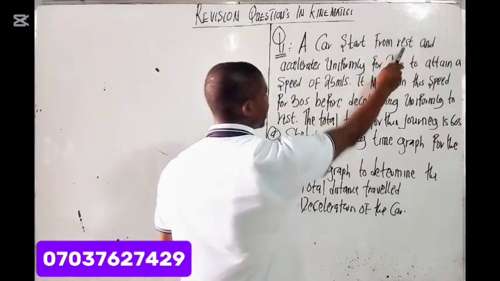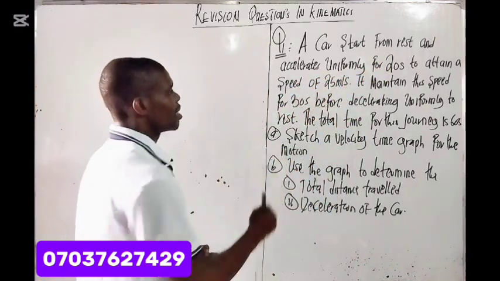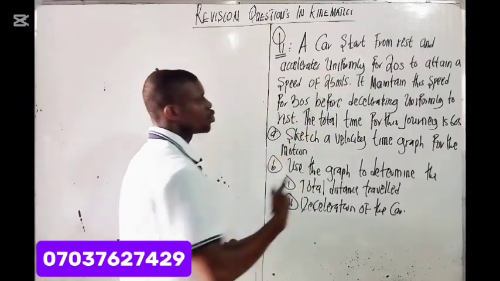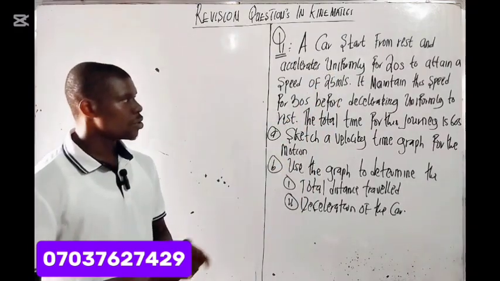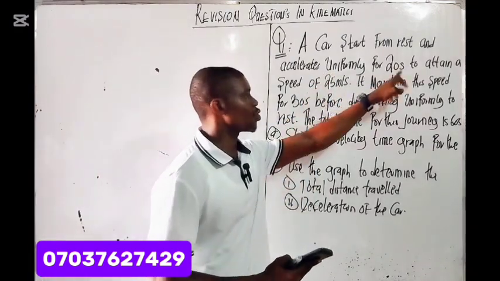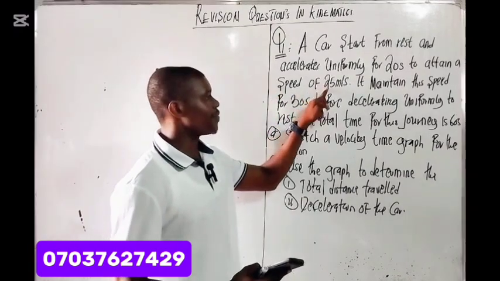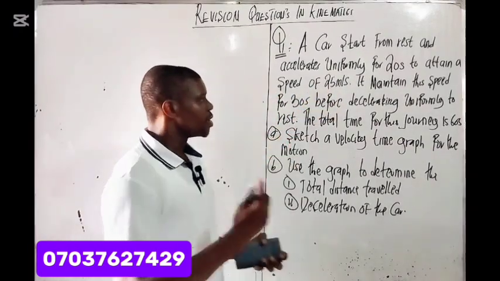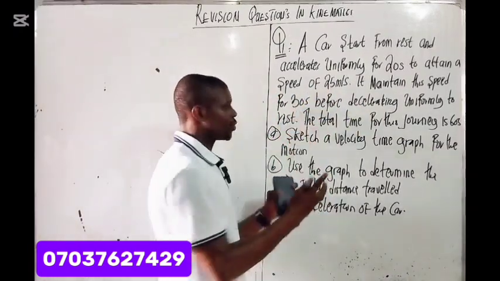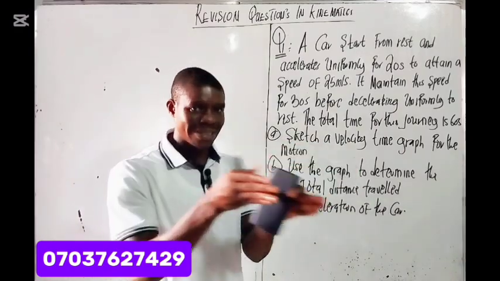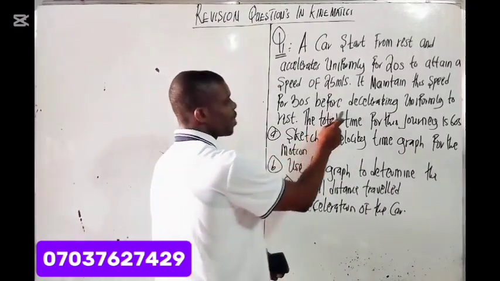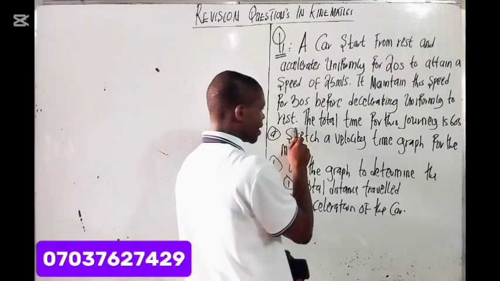A car starts from rest and accelerates uniformly for 20 seconds to attain a speed of 25 meters per second. Now it maintains the speed for 30 seconds before decelerating uniformly to rest.